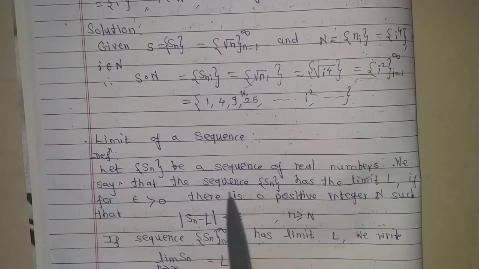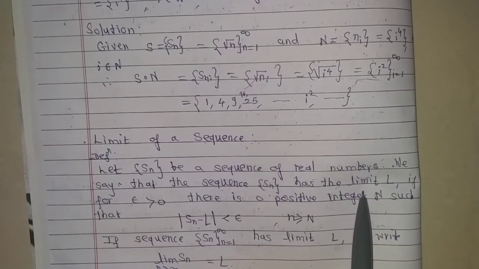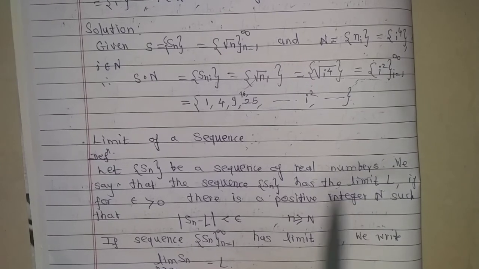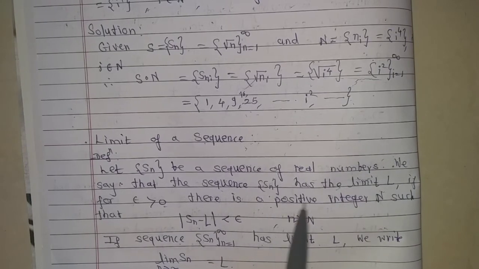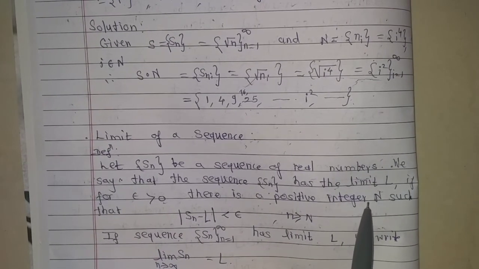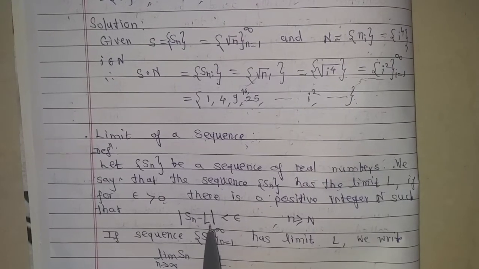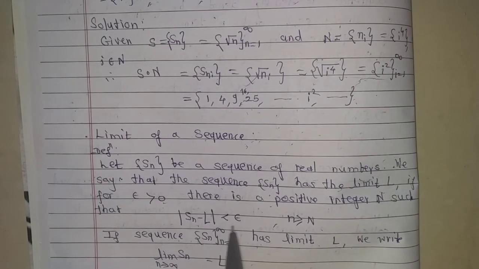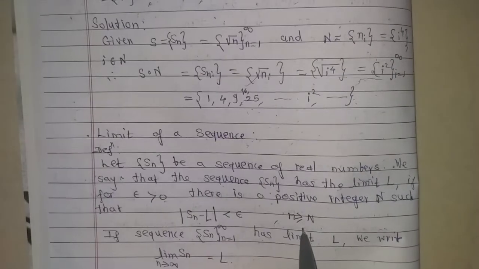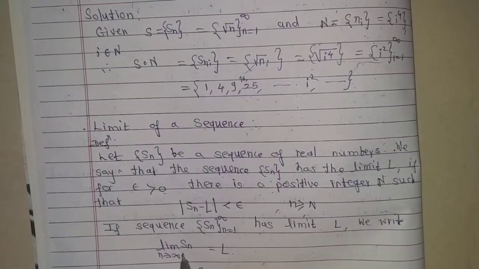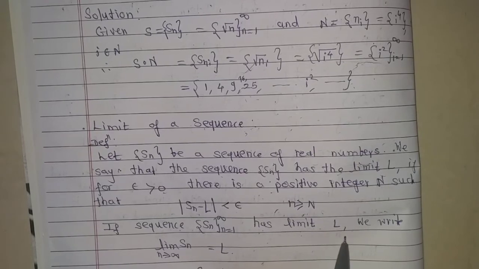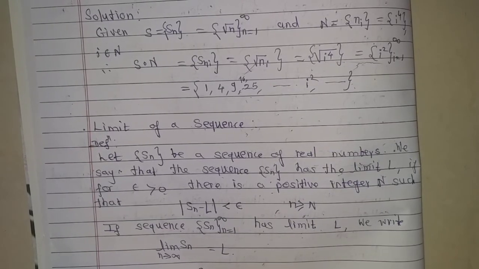We say that the sequence Sn has the limit L if for given epsilon greater than 0 there is a positive integer capital N such that modulus of Sn minus L is less than epsilon for n greater than or equal to capital N. If sequence Sn, n going from 1 to infinity, has limit L, we write limit of Sn as n tends to infinity equal to L.